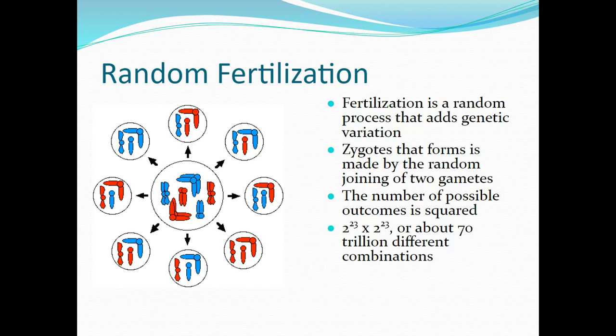And then we have what we call random fertilization. It's just that, random fertilization. So this is my birds and bees talk for you. Random fertilization happens because one egg is released every 28 days-ish in females. This one egg is leaving the ovary and going down the fallopian tube on its journey to the uterus.